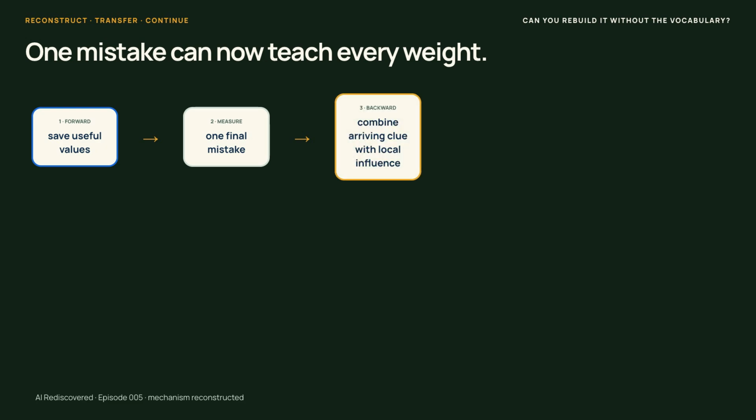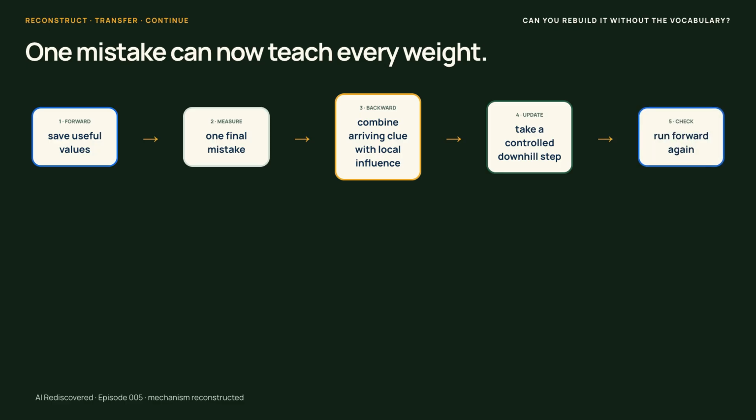Move backward through the same stages, combining the arriving clue with each local influence. Collect one slope for every adjustable weight. Use those slopes to take a controlled downhill step. Then, run forward again and check.